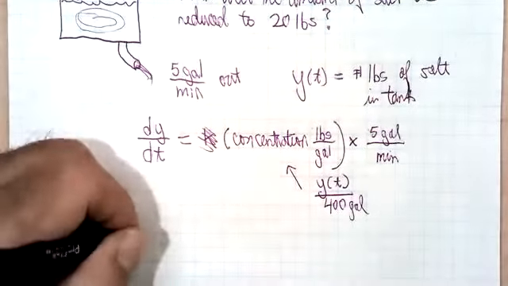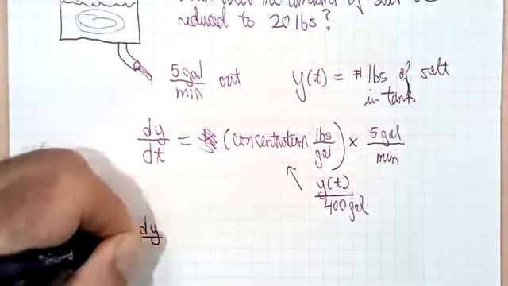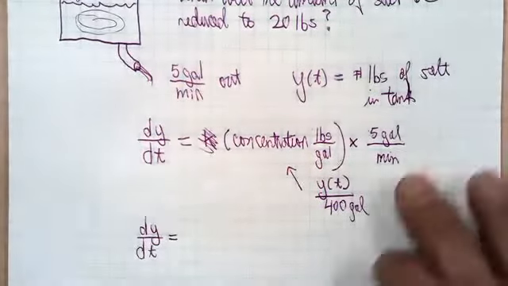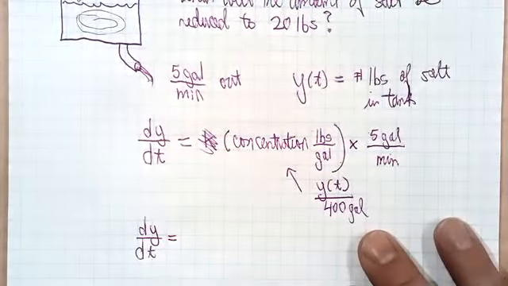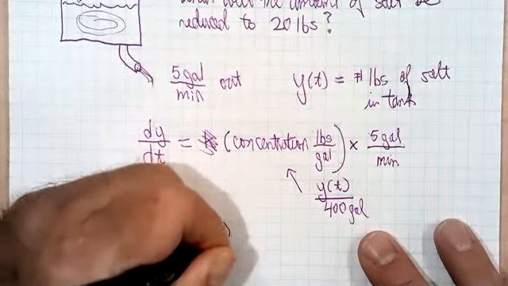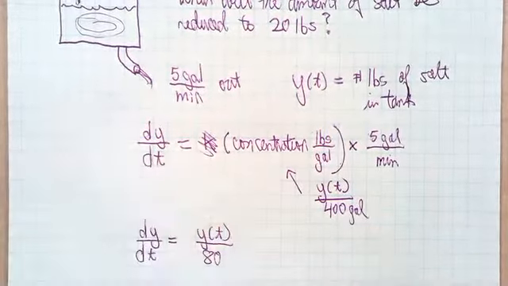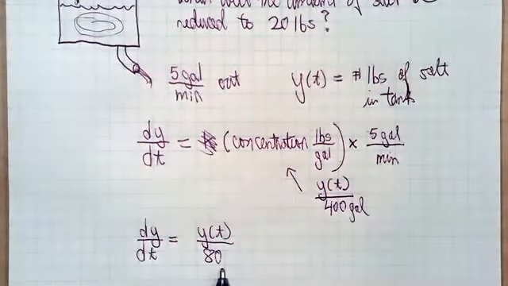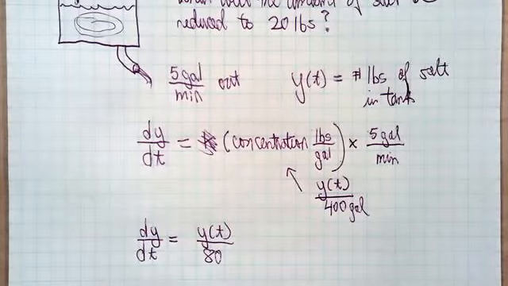And I think we've got a differential equation. dy/dt is equal to, now we could clean this up. I don't know if it's an advantage. It's y of t over 80, right? And our units over here would be pounds per minute.